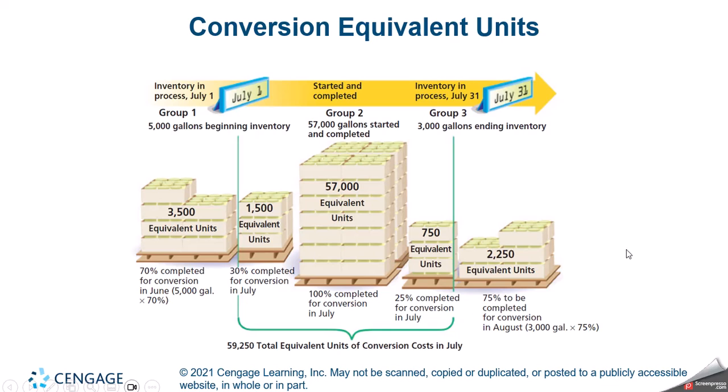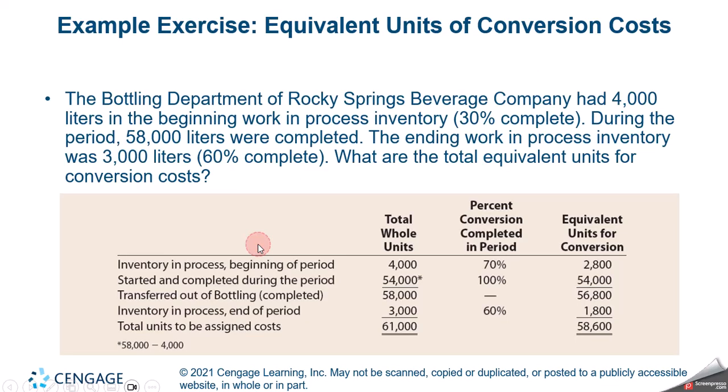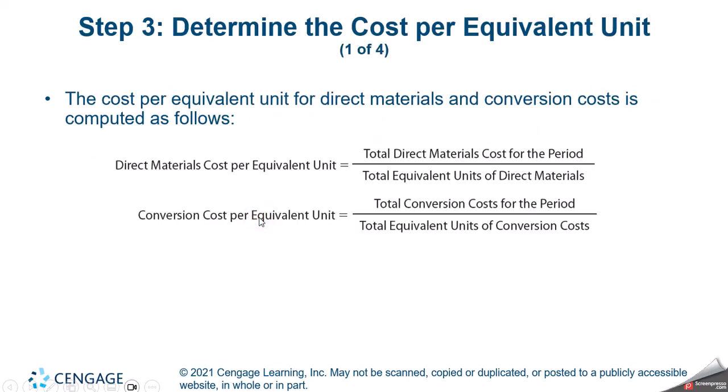And again, here it shows it graphically, trying to show you that there's a piece of it that's still left and it's not completed. So then we're trying to eventually get to, well, what's our cost per equivalent unit?